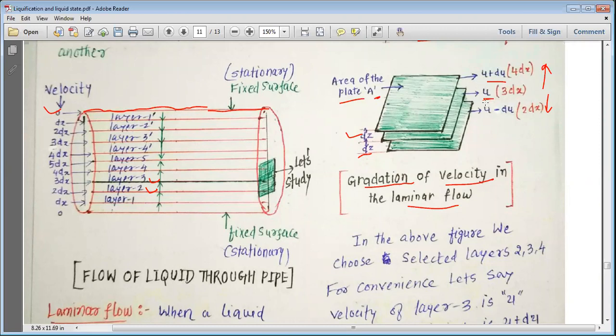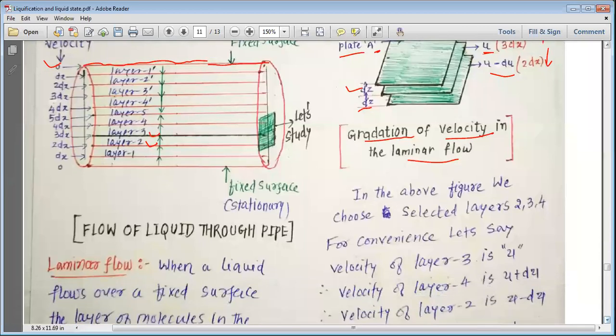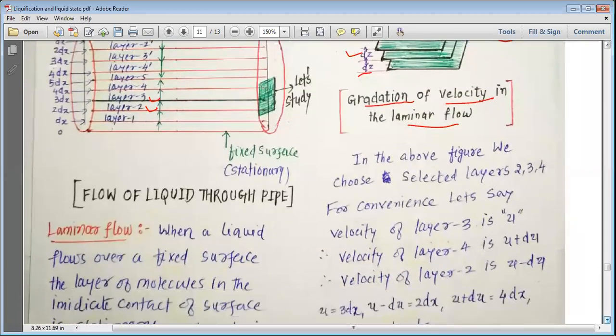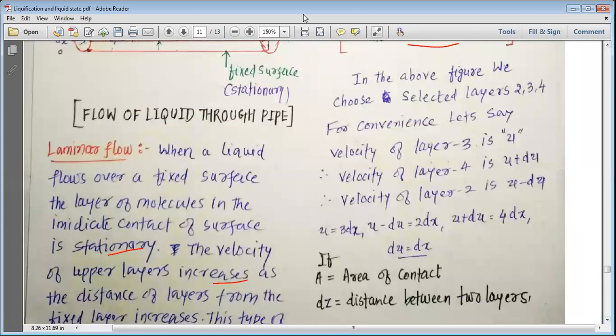We call the velocity of layer number 3 as u. So the velocity of layer number 2 is u minus du, and the velocity of layer number 4 is u plus du. Now what happens? The distance between the two layers has been considered as dz, and the cross section area that comes in contact with the other layer is A.